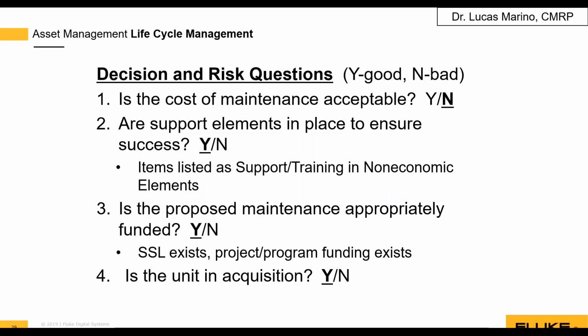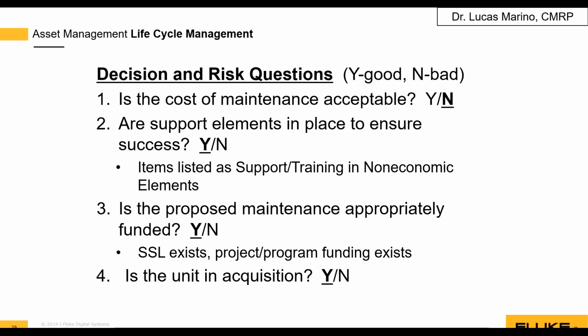So these are super high level, not very deep types of questions, but I try to whittle things down to the simplest form when it comes to decision and risk. If you can ask yourself a few questions while you're going through the more detailed decision analysis and risk analysis, and keep these in mind, you'll be better off as a person leading this analysis.